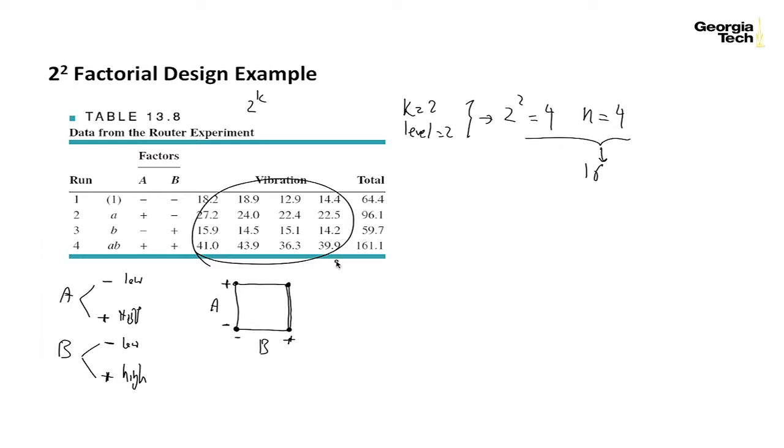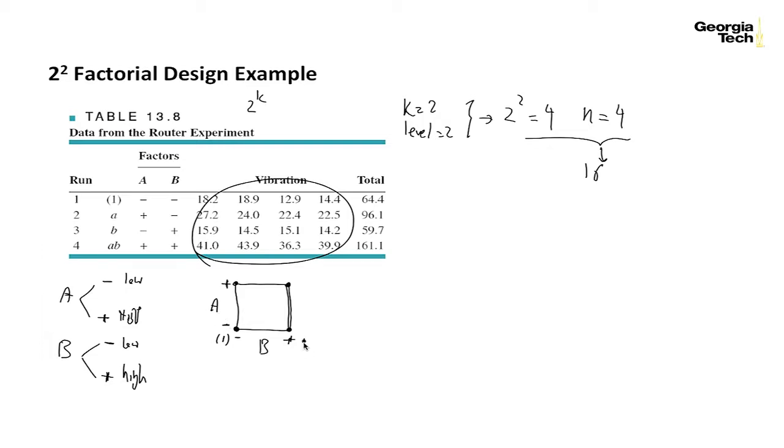A little bit of notation. Whenever B is at high level, we use little b to denote that, and whenever A is at high level, we use little a to denote that. If they are at low level, we use 1. So if A is at low level and B is also at low level, we have 1, because both of them are 1.